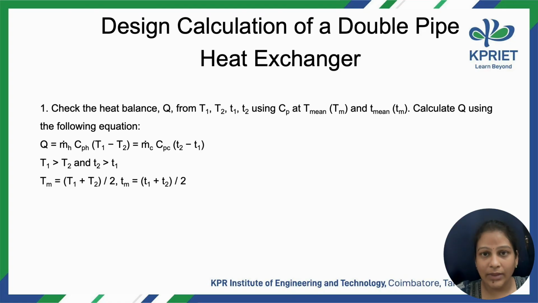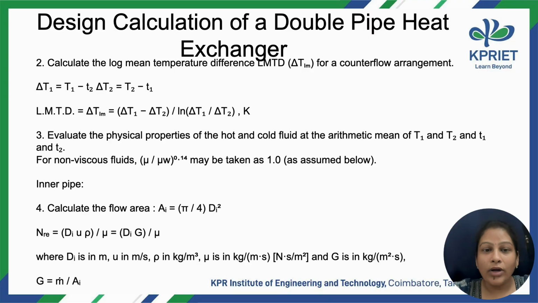This equation can be used in cases where one of the temperatures of the hot fluid or cold fluid is unknown, or, for example, the mass flow rate of the hot fluid is given and the mass flow rate of the cold fluid is not given. In such cases, when any one of the parameters in this equation is not known, this equation can be used to find it out.